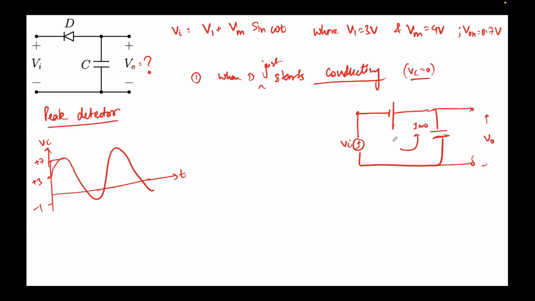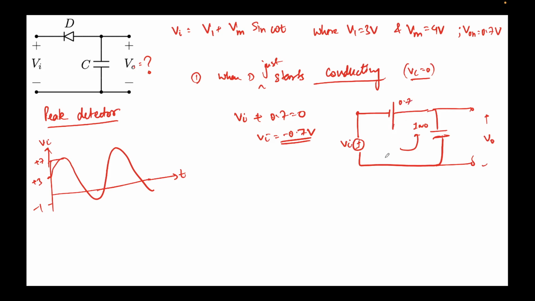If we apply KVL, Vi plus 0.7 equal to 0. This means Vi equal to minus 0.7 volts. So when Vi becomes minus 0.7 volts, only then will the current start to flow in this circuit.